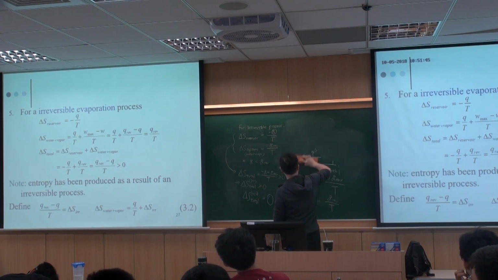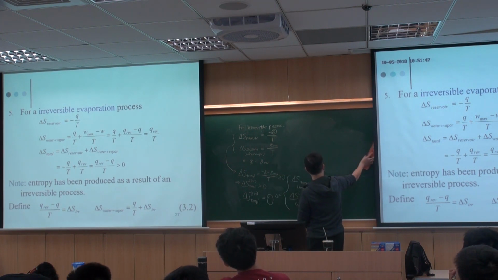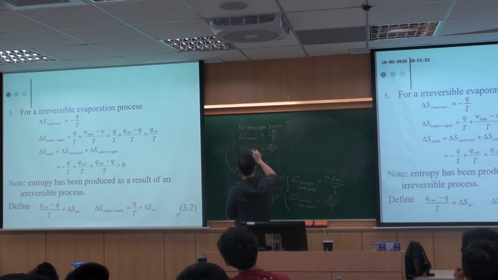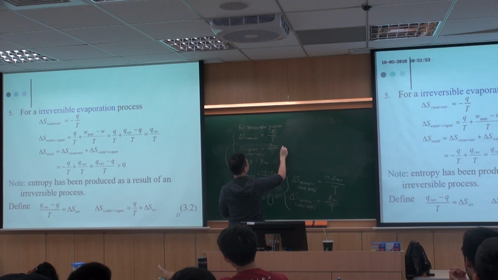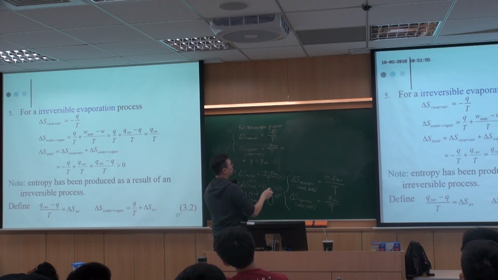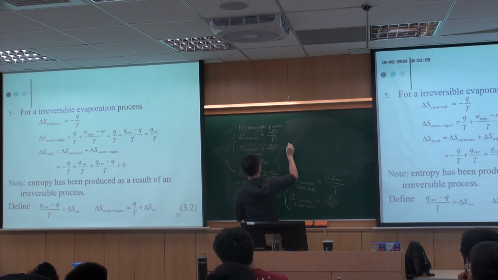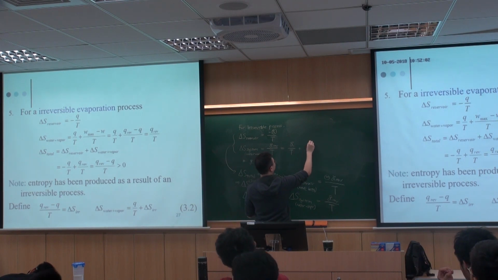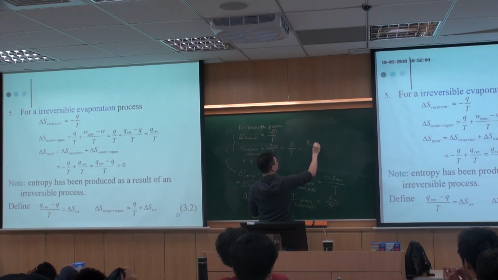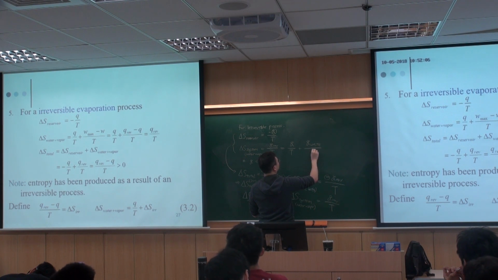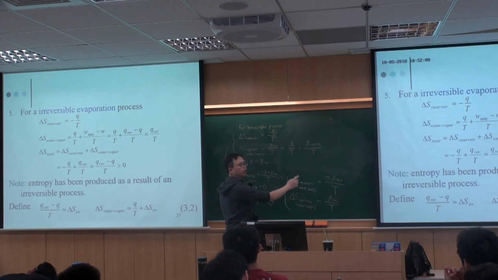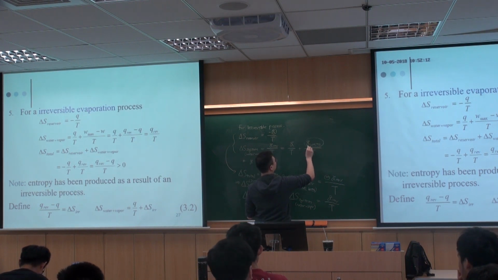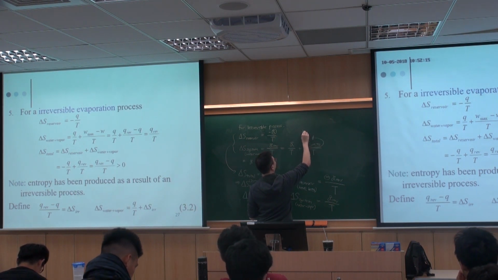So now it is pretty straightforward. For the system, again, this can be divided into Q over T plus Q waste over T. And this Q waste, again, is from the degraded work.